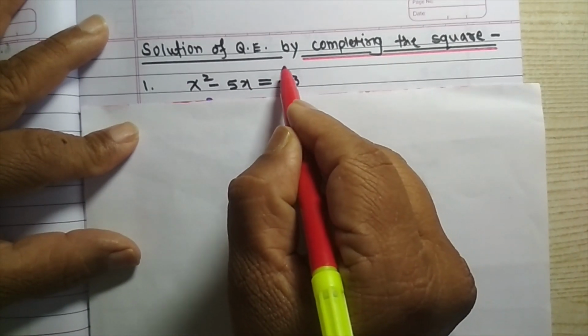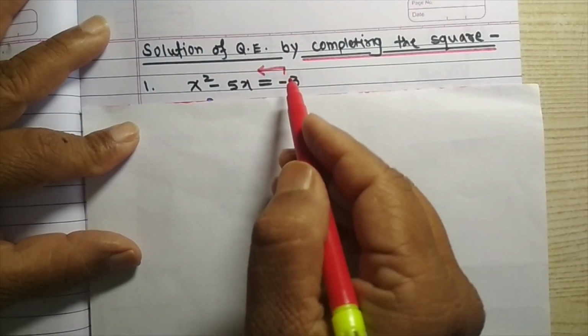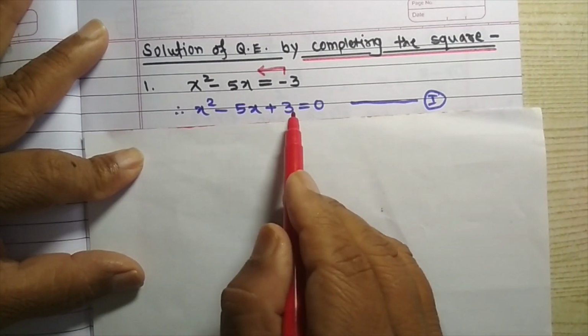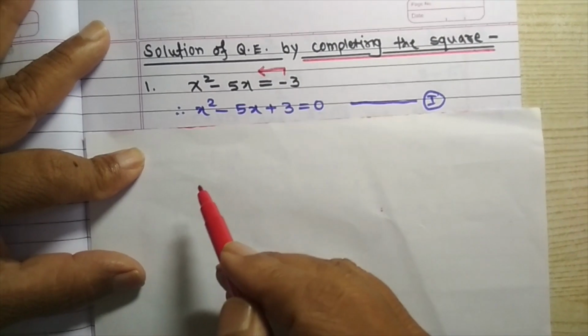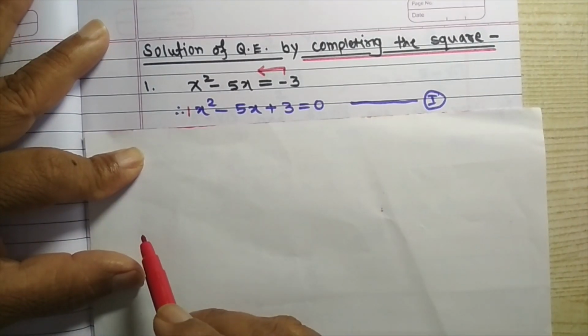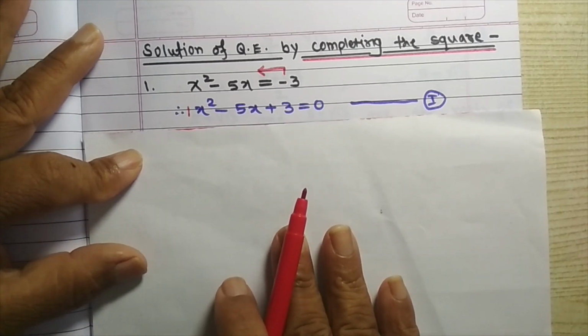First we have to take minus 3 to the left side of that equality, then it becomes plus 3. See here, x square minus 5x plus 3 is equal to 0. In this case, coefficient of square term is 1. Therefore we can't divide both sides by 1. Already 1 is there.